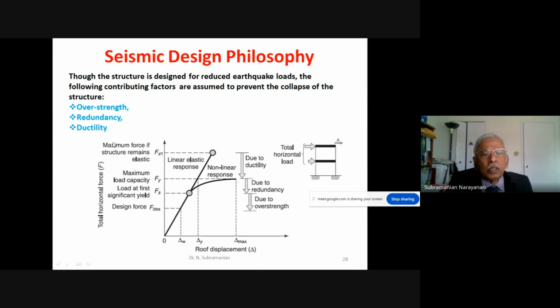It is due to the overstrength, redundancy, and ductility. So they are shown here. So we are designing for this force, but the actual force is largely higher.